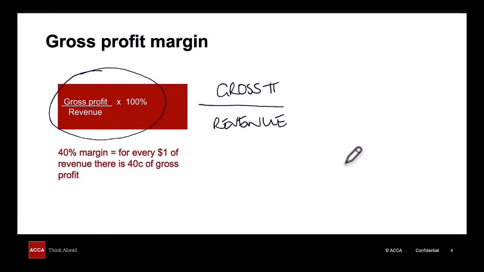Let me just show you an example of what I mean using gross profit margin. Well, let's again use some entirely made up figures. So revenue 500,000, cost of sales 400,000 gives me a gross profit of 100,000. So if I calculated my gross profit margin, that would be 100,000 over 500,000 as a percentage, which of course comes out at 20%.